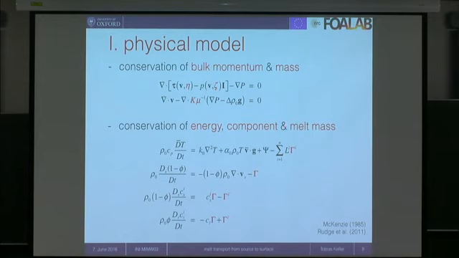There's a conservation of bulk momentum and mass, which is the same as what Sander in the previous talk called the two-field formulation, or actually they're very similar or identical to the McKenzie equations from '85. You can see that there's a shear stress term in there and a compaction stress or compaction pressure term. Both of these will depend crucially on the shear and bulk viscosity, shear and compaction viscosity, and I'm going to come back later to how we can describe these viscosities to include quite a lot of rheological effects.